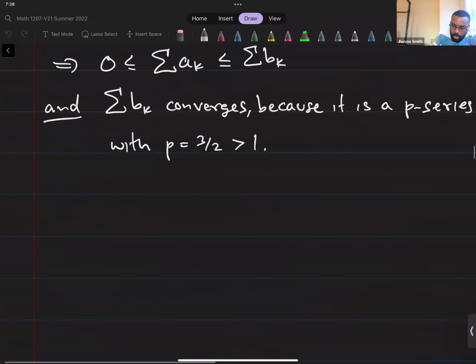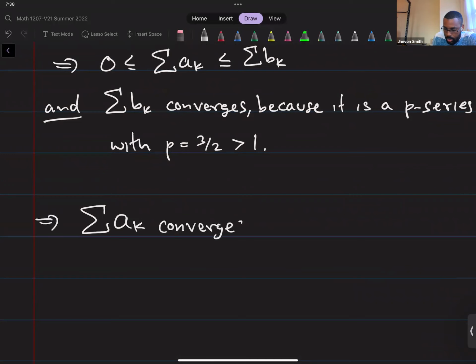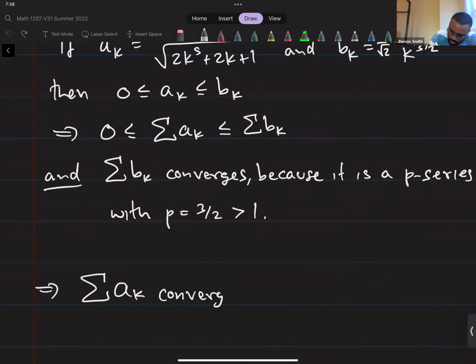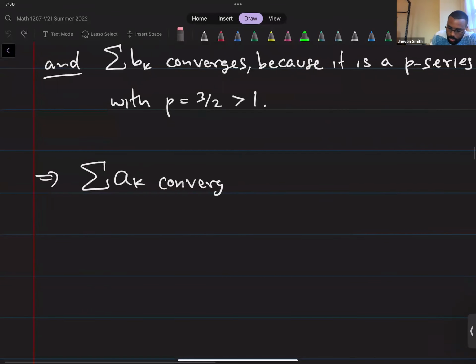So I would be able to say that the series a_k converges by comparison.